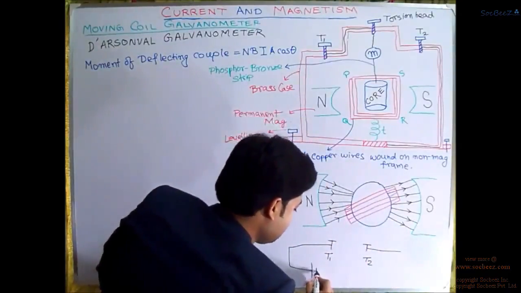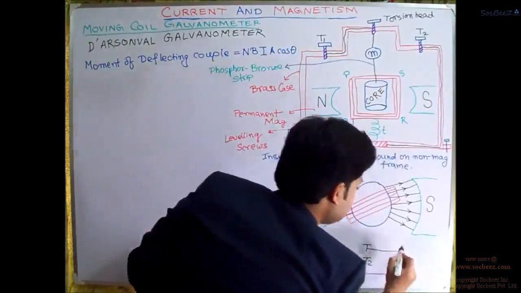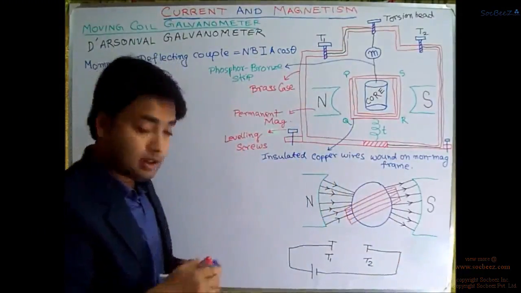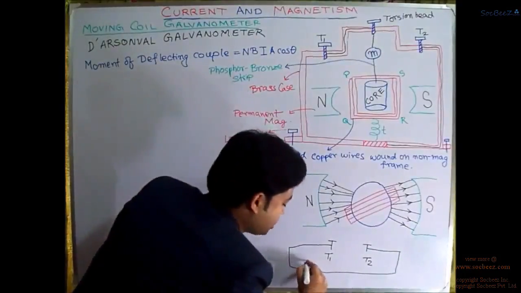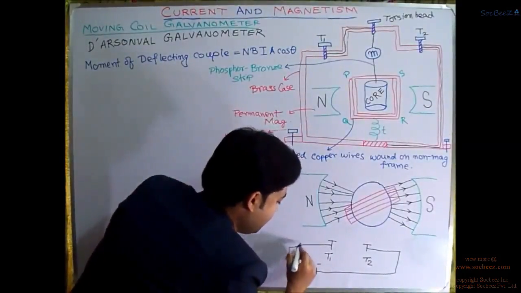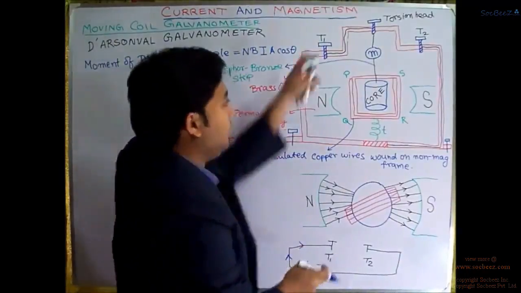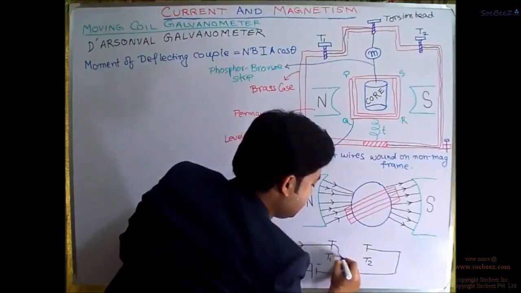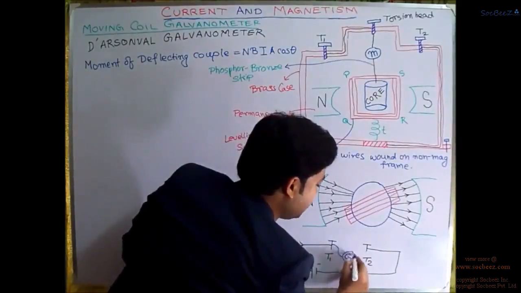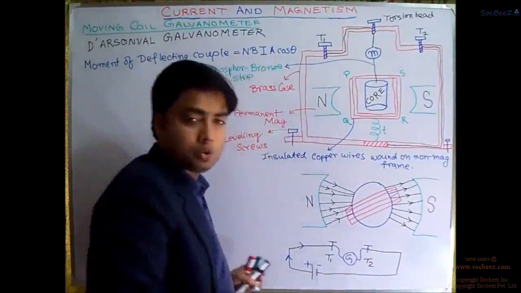Say, for example, this is the battery. So the current will start to flow from the positive terminal of the battery like this. It will enter T1. Then over here, this is actually the entire galvanometer, right?